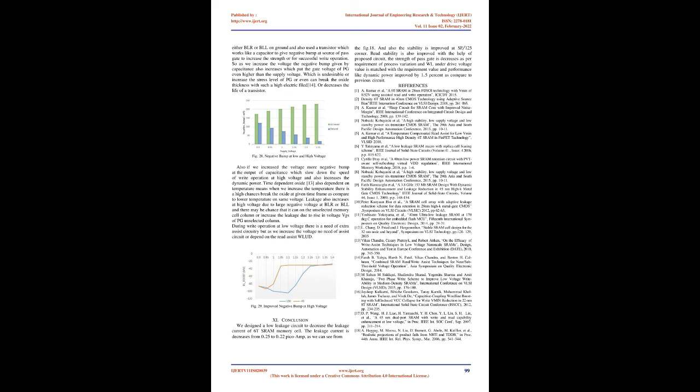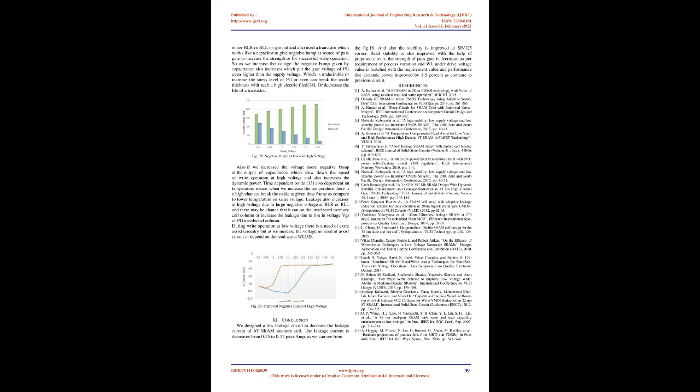Leakage also increases at high voltage due to the large negative voltage at BLR or BLL, and there may be a chance that it turns on the unselected memory cell column, or increases the leakage due to the rise in VGS of the PG of the unselected column. During write operation at low voltage there is a need for extra assist circuitry, but as we increase the voltage there is no need for an assist circuit, or it depends on the read assist WLUD.